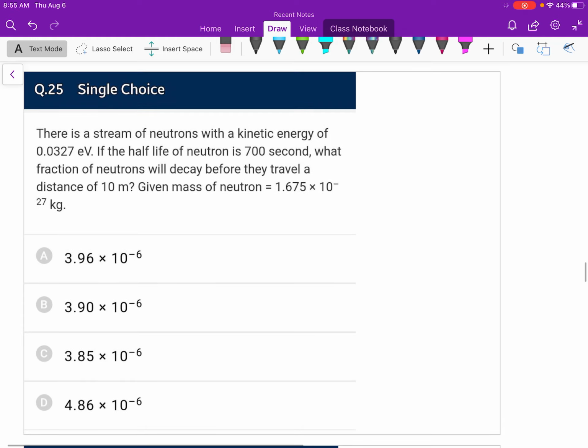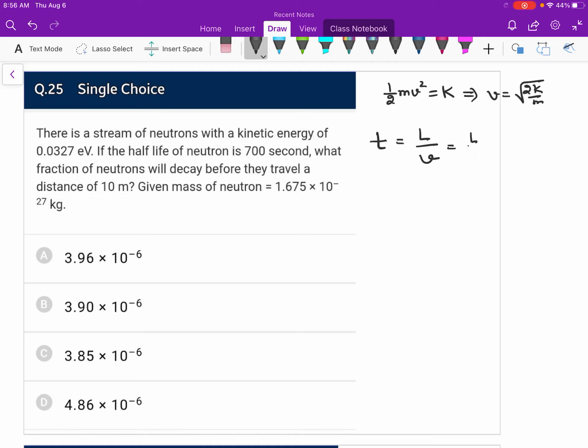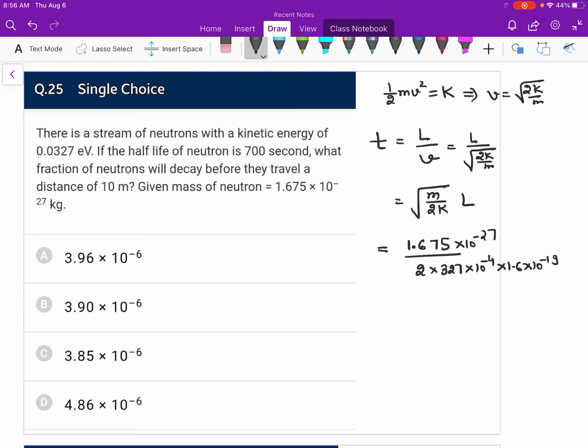Okay, so time taken T, this is a good question, time taken is L upon V, and half m v squared is kinetic energy, so V is root 2K by m, so this is L upon root 2K by m, so that is under root m by 2K into L. Now m is 1.675 into 10 to power minus 27, and 2K is 0.0327 electron volt, so 327 into 10 to power minus 4 into 1.6 into 10 to power minus 19.